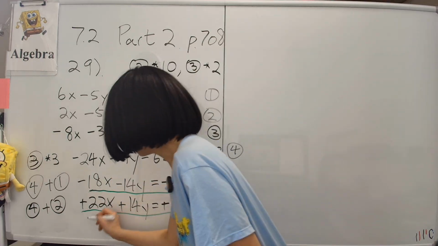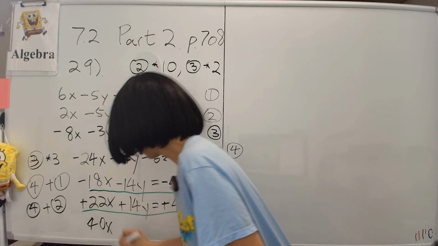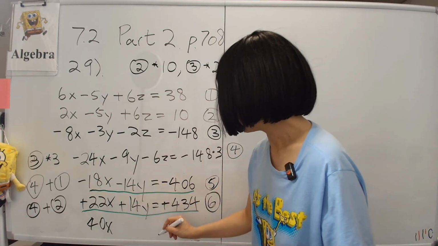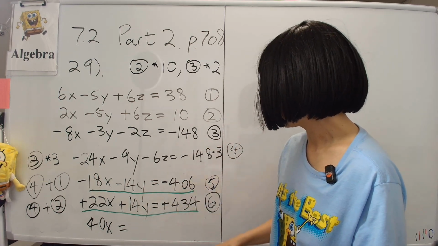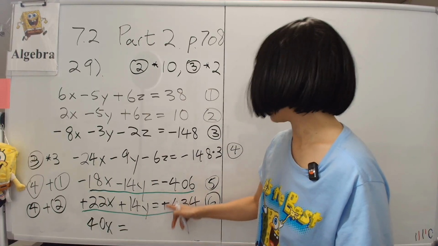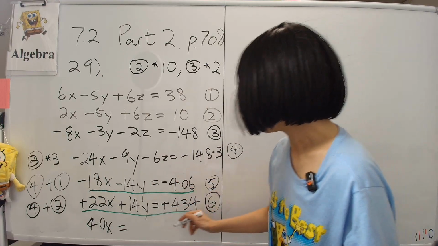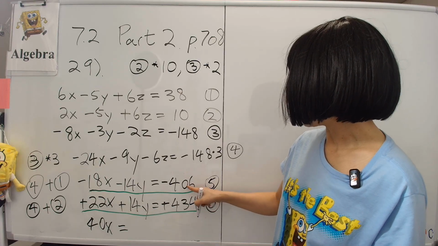And so let's add this up. So that will be 40. This is 40x, and then this becomes 0. So this added up equal to that is same thing as 34 minus 6.